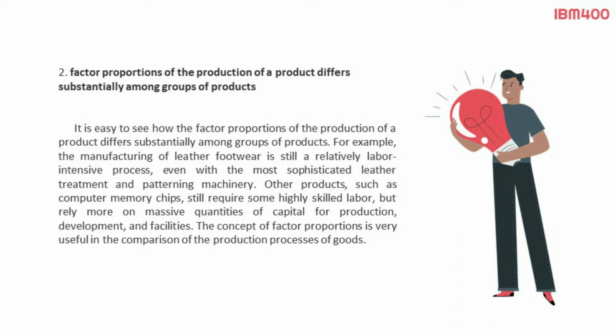It's easy to see how the factor proportion of the production differs substantially among groups of products. For example, the manufacturing of leather footwear is still a relatively labor-intensive process, even with the most sophisticated leather treatment and patterning machinery.